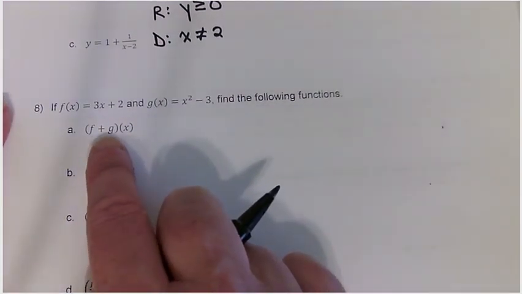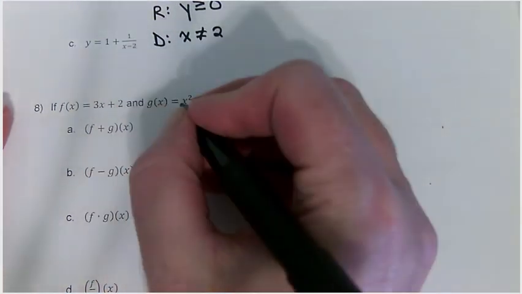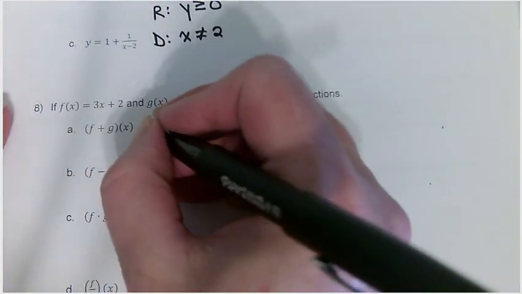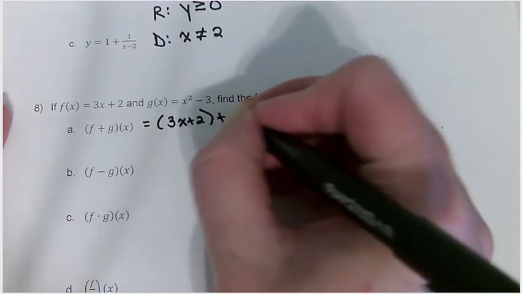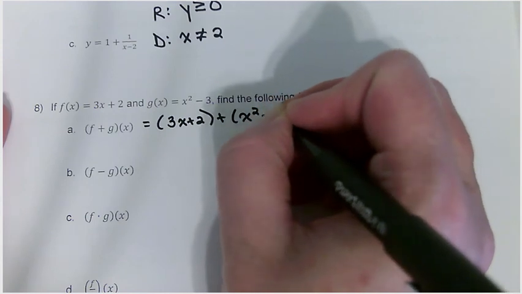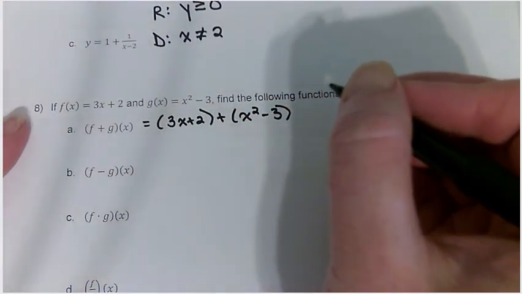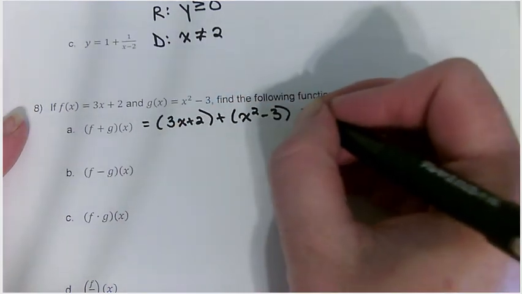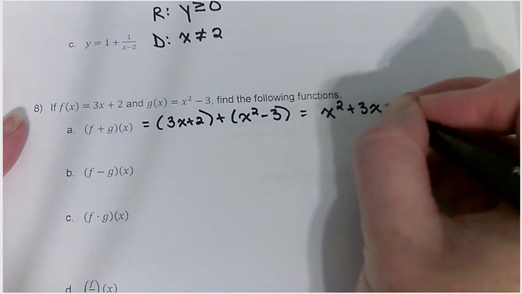F plus G. That means to take f of x plus g of x. It literally means to take 3x plus 2 plus x squared minus 3. It literally means to add them. And so you would get x squared plus 3x minus 1.